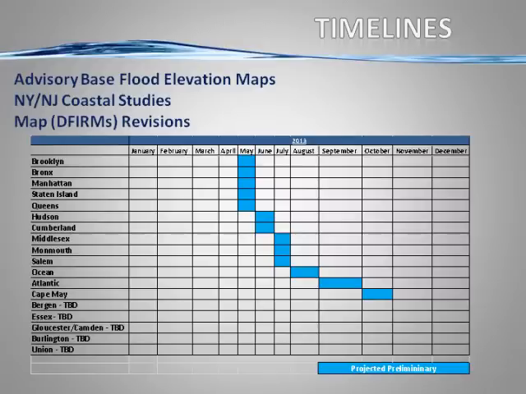The important thing to know here, because for some reason the slide isn't showing up online: for Ocean County, for the preliminary maps, look for August. Atlantic, September. Cape May, you're looking at October for the preliminary maps. Monmouth, looking at July. Anyone else?